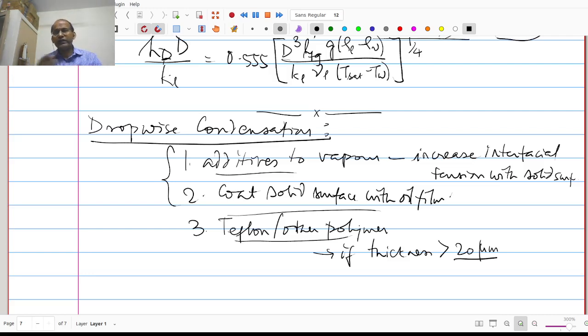So heat transfer coefficient might go up 10 times, but there is an additional resistance of the Teflon that is added.